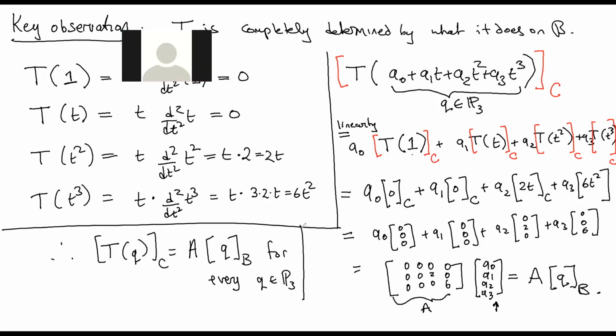Is A sort of a type of basis then? A is not a basis. A is a matrix representing the linear transformation. A basis is a set of vectors, right? This A is a matrix, first of all.